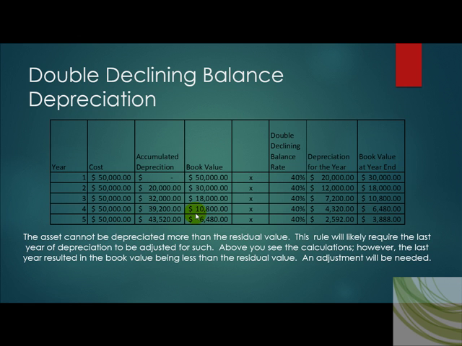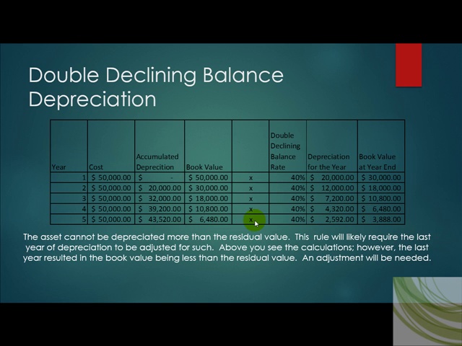The book value is $10,800. We multiply by the 40%, and the fourth year annual depreciation is $4,300. At the end of the fourth year, the book value for the truck is $6,480. Entering into the fifth year, we have accumulated depreciation of $43,520, book value of $6,480.